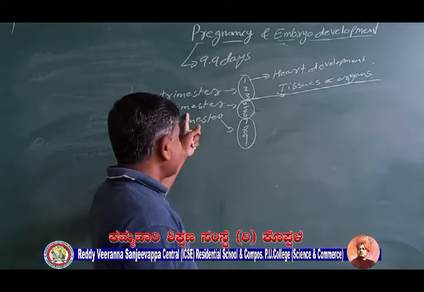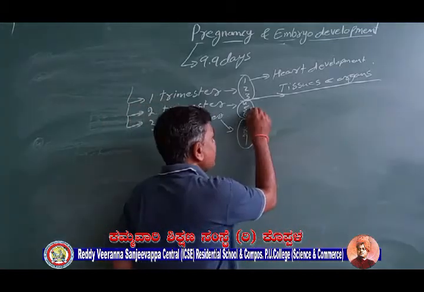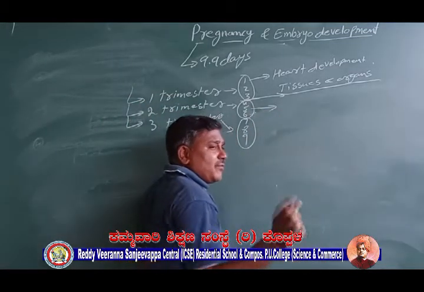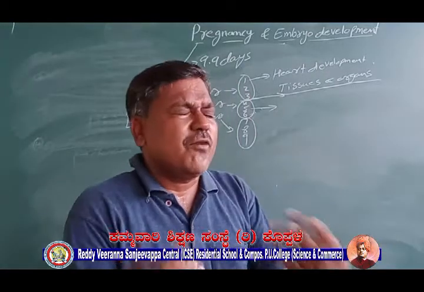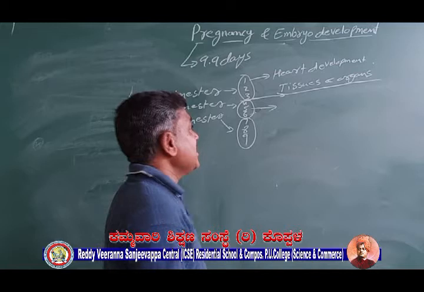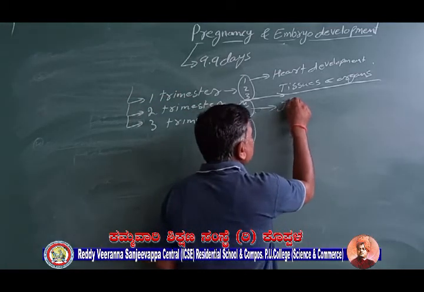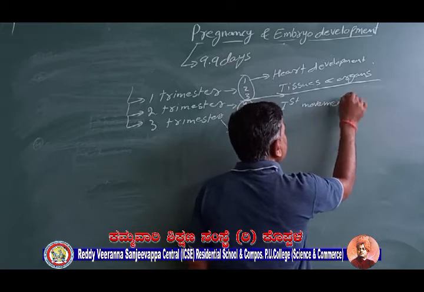Now, second trimester, that is 4th, 5th, 6th. If we take the example, in 5th month, development of limbs, forelimbs and hind limbs, occurs, and along with these, there is first movement of the fetus.